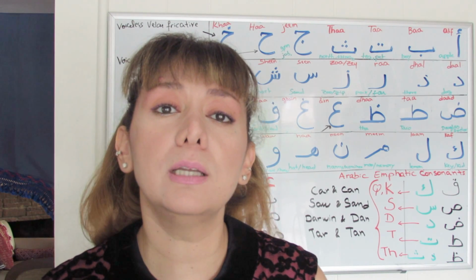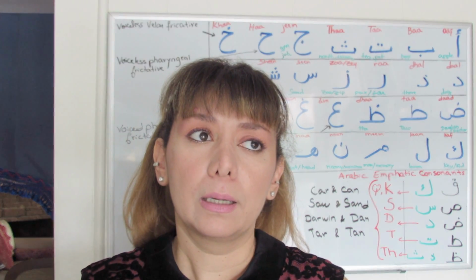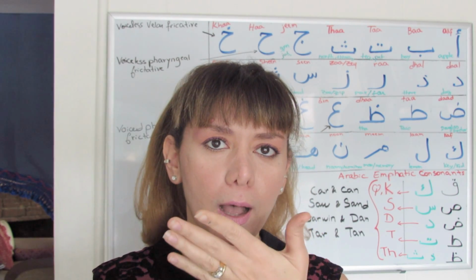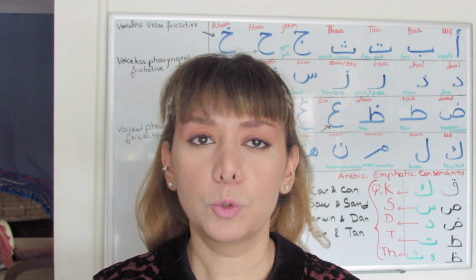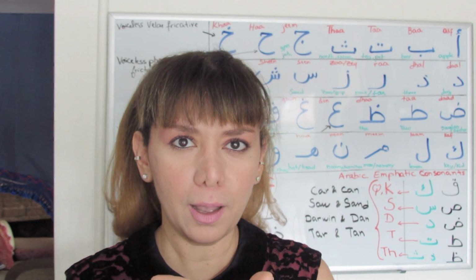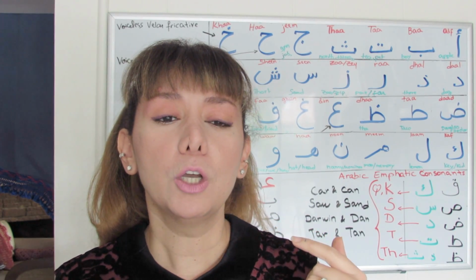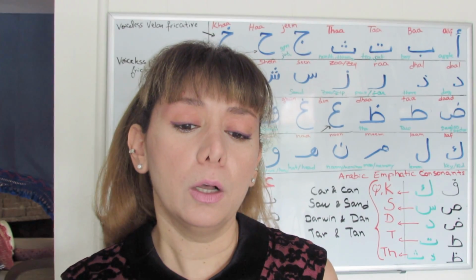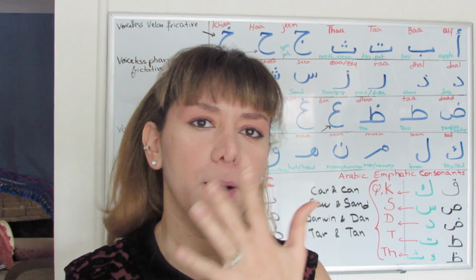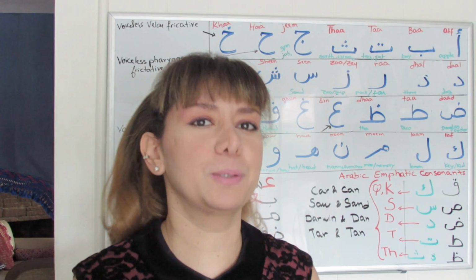It's articulated in the back of the throat, like breathing on glass to steam it up, or to check if your breath smells good or not. I have another example. Imagine you just swallowed a spoonful of the hottest chilies. So this is the way you will practice the pronunciation of this letter.